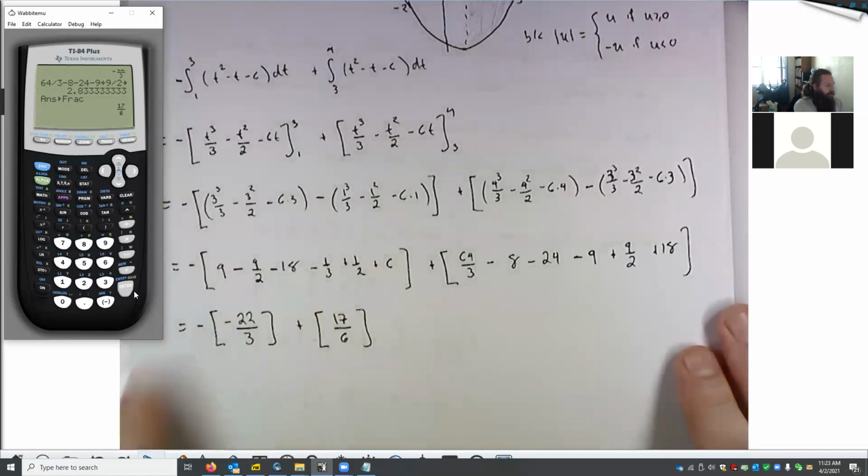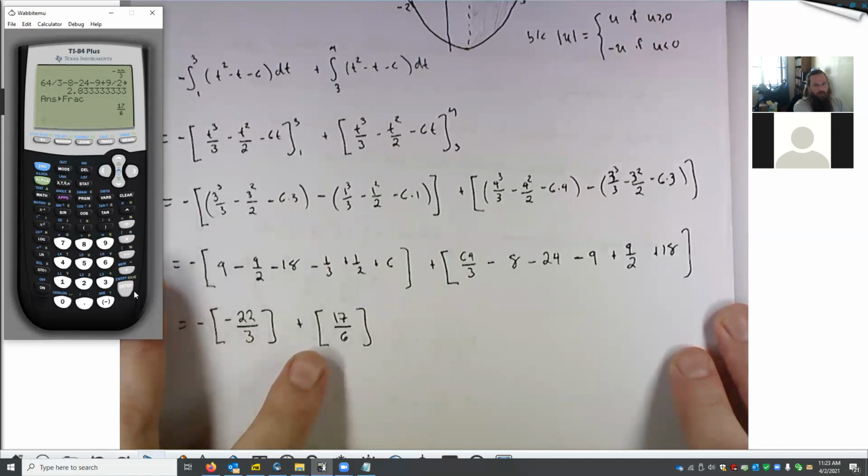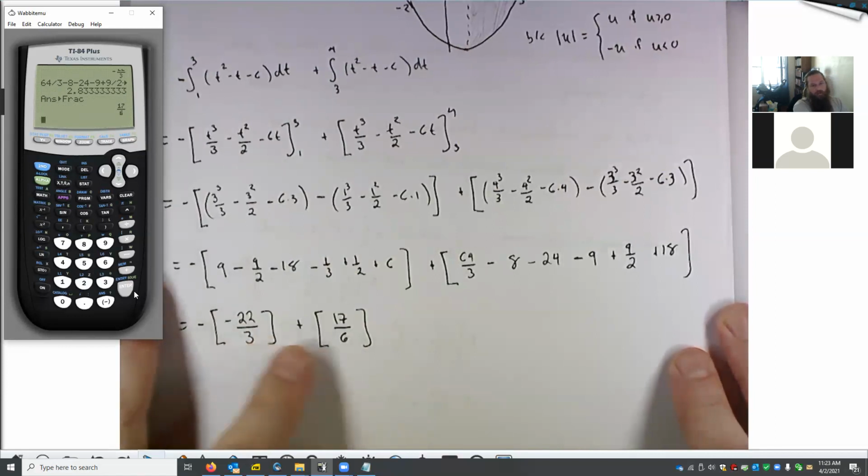So what we see, cover up this negative for a second, what you see is that from time t equals 1 to t equals 3, the particle traveled left 22/3. And then from time t equals 3 to t equals 4, the particle traveled to the right 17/6. Now this is larger than this, so we did go more left than right.